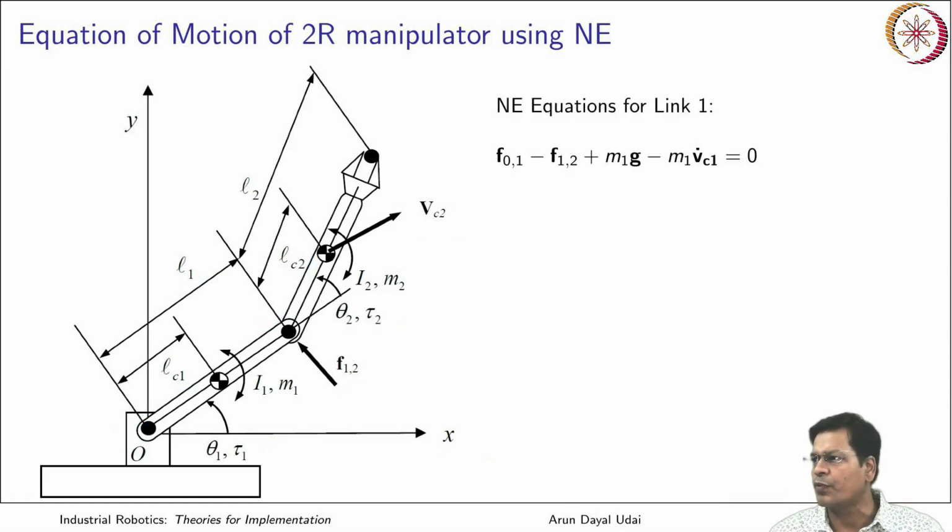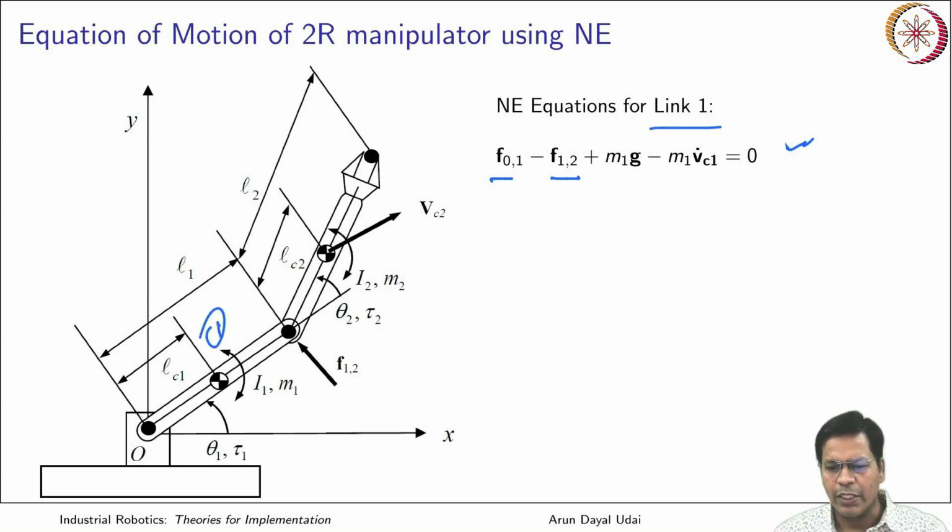So yes, the first Newton-Euler equation for link 1 is for the force and the forces of interaction. It is F01 and F12. So it is for link 1, for this link. F01 acts at this end. F12 is acting over here. And m1g is the force due to gravity, directed along the Z direction.